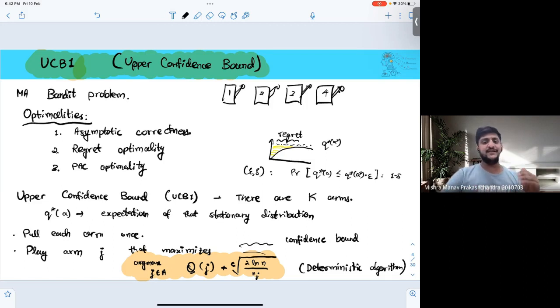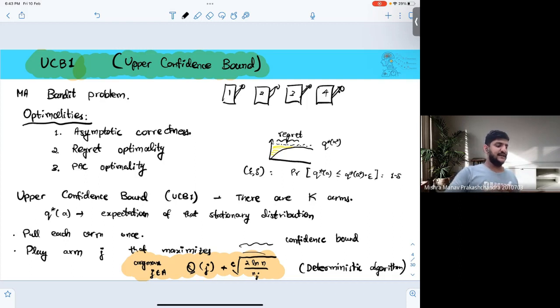But as soon as I sample it, the confidence drops by 1 over n. So in the long run, the more samples I take, the more it keeps on reducing the confidence bound. Initially, whichever region has a higher uncertainty, I'm more keen to explore that particular arm.